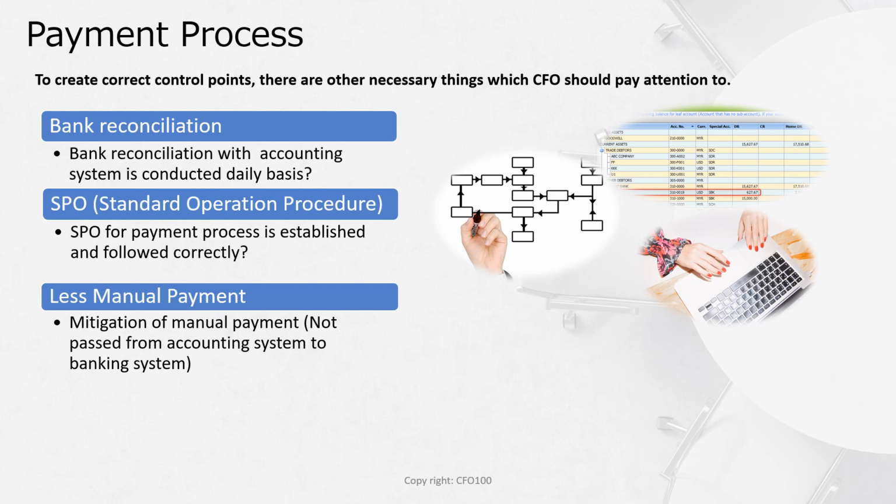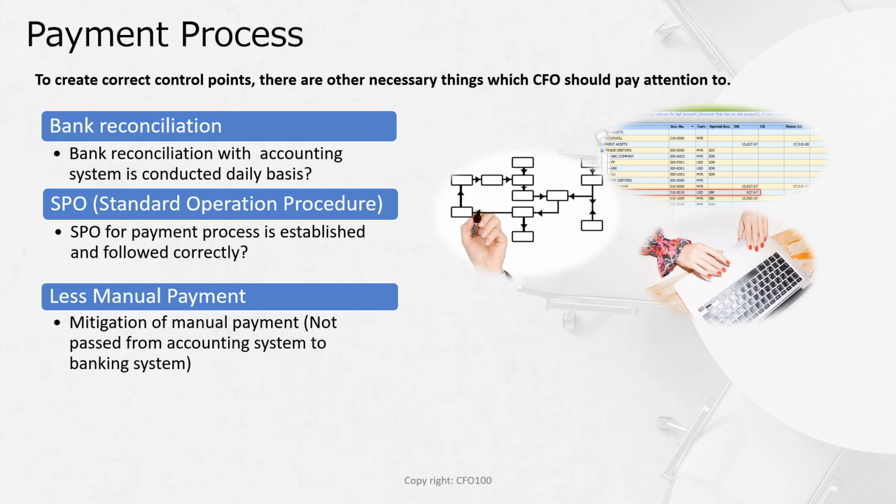But there is a minor payment that is entered in the banking system by the hands of the finance person, referring to payment requests from the accounting person. It is important to make effort to reduce such type of payment. The difficulty is usually caused by the connection between two systems, but the technical error should be solved earlier. It is good for not only safe payment but also the efficiency of daily work.